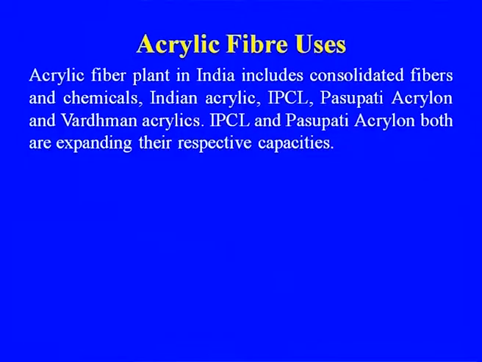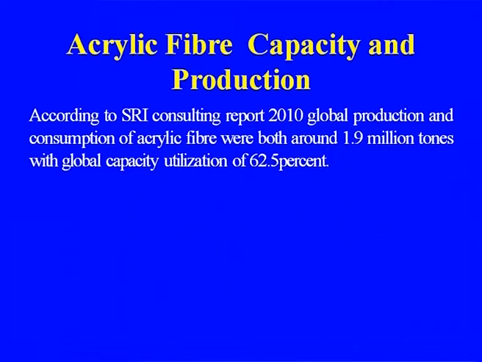So, IPCL and Pasupati Acrylic are both expanding their respective capacity. According to the SRI Consulting Report 2010, production and consumption of acrylic fiber were both around 1.9 million tons, with a global capacity utilization of 62.5%.